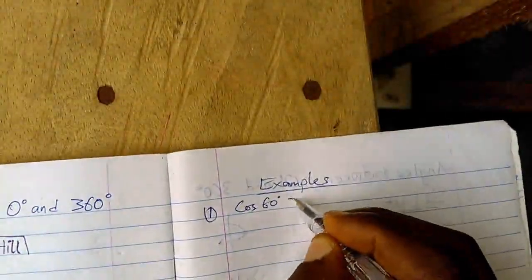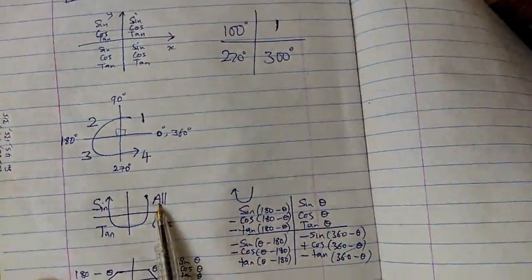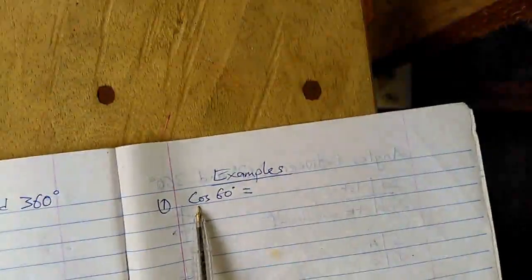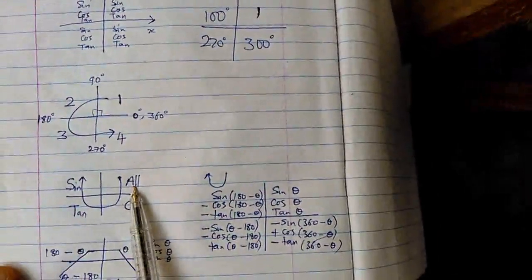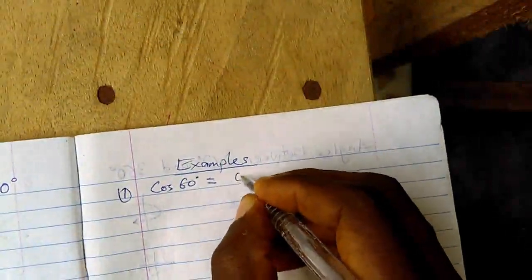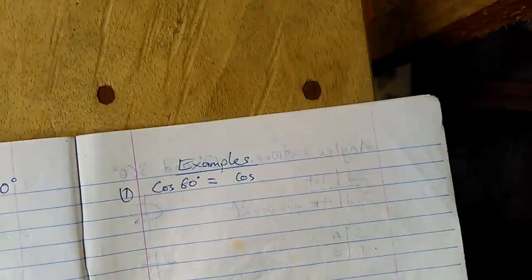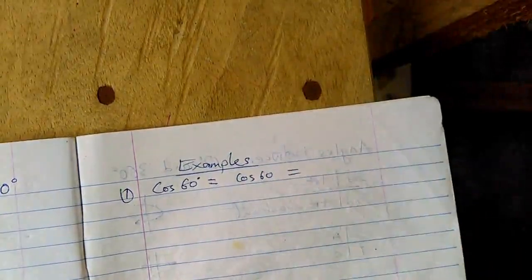So in the first quadrant, what do we do first? We have to know, in the first quadrant, is our cos positive or negative? In that quadrant, it is positive. So it will be cos 60, which is still cos 60.